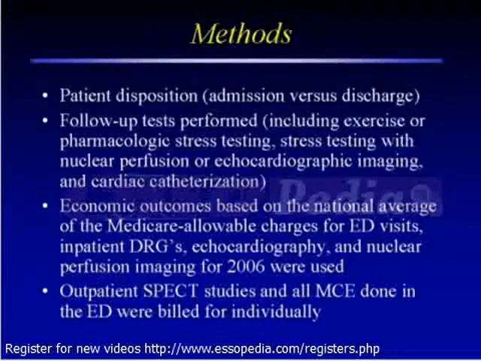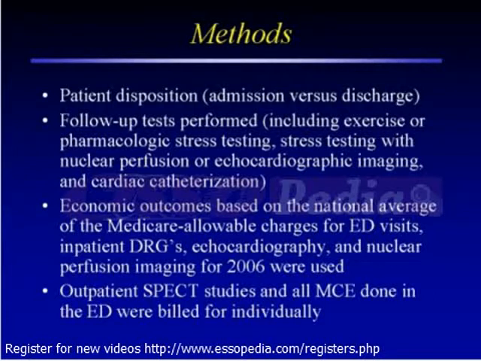In order to evaluate cost-effectiveness, we followed patient disposition in about 1,000 patients who presented with chest pain to the emergency department. We also cataloged all follow-up tests that were performed, including exercise or pharmacologic stress testing with nuclear perfusion or echocardiographic imaging, and patients who were referred for cardiac catheterization.